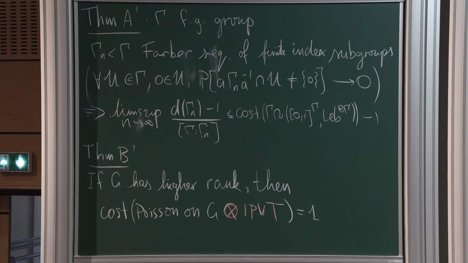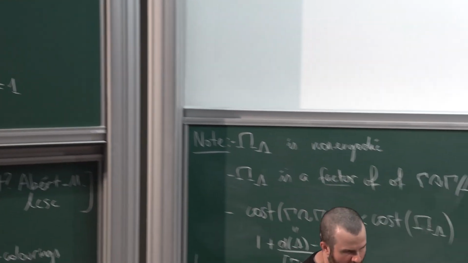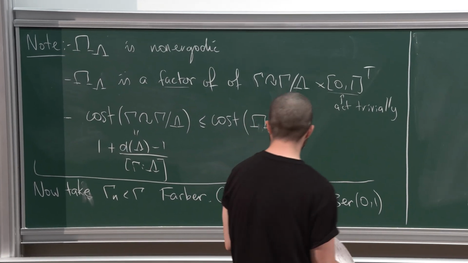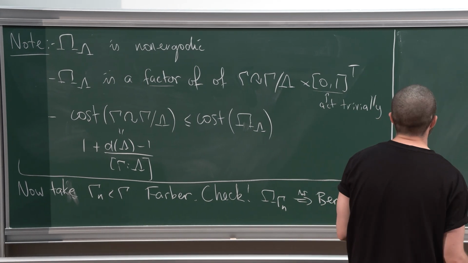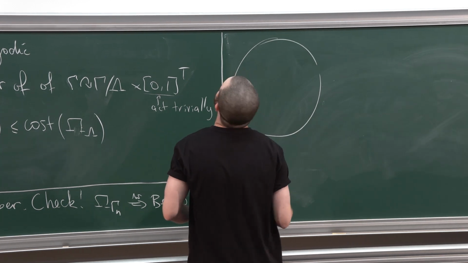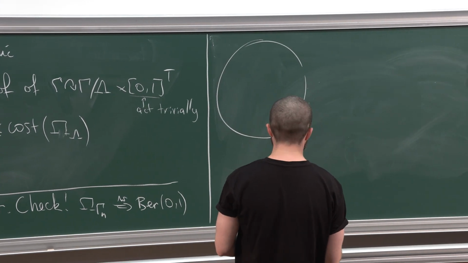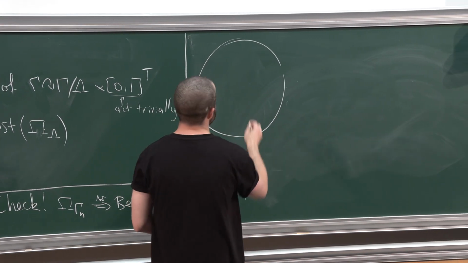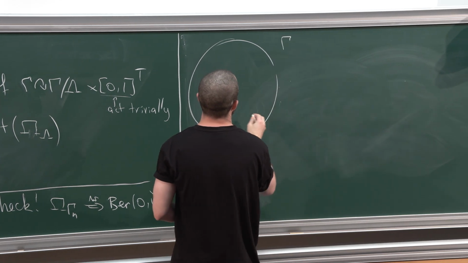So why is this true? I have no idea if me saying anything is actually going to be useful here. But I mean, the picture should be quite clear. The Faber condition, what's going on here? If I remember, weak convergence was something about the statistical behavior in finite windows. So here's my gamma.